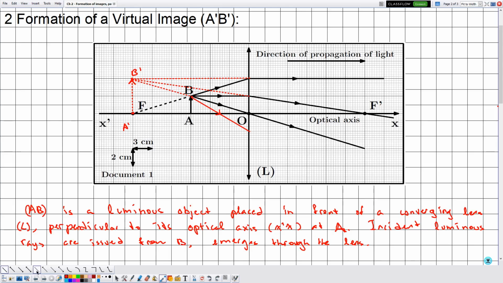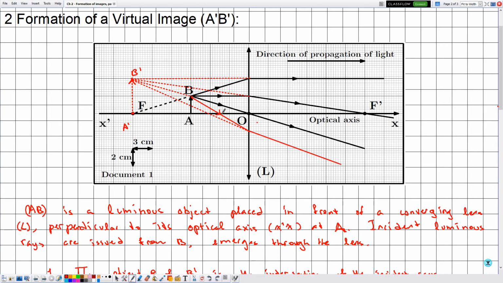Therefore we connect this point with B prime to be dotted. Then this ray will emerge as if coming from B prime like this, along the direction of the prolongation of B prime with this point. And we don't forget arrows on emergent rays.